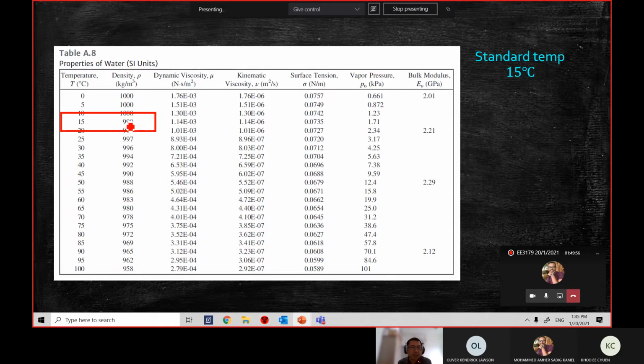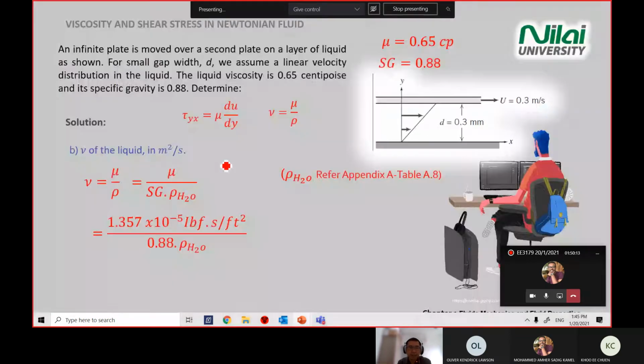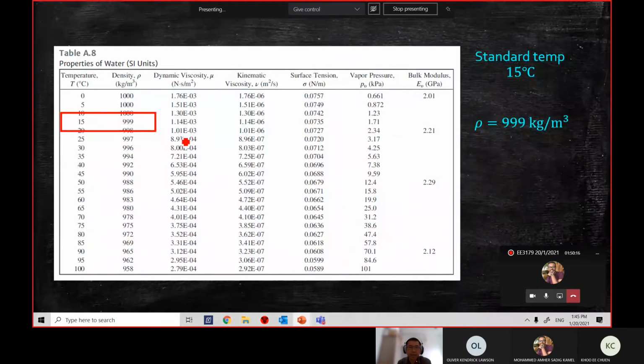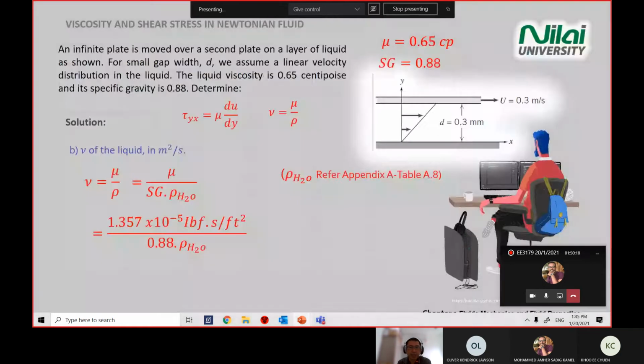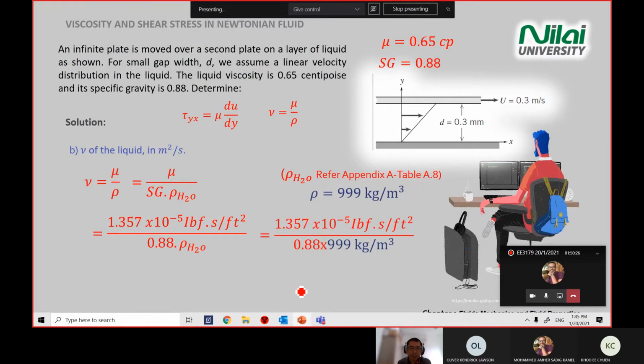So you copy this value, 999 kilogram over meter cube. Why do we use this value? Because we assume that this medium is behaving at 15 degrees C, standard temperature. So you pull back the answer to the answering table, you put it inside there.